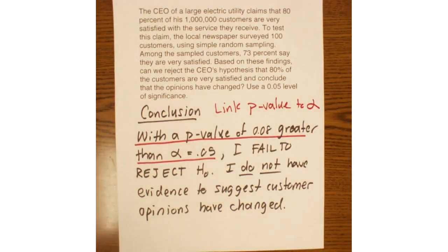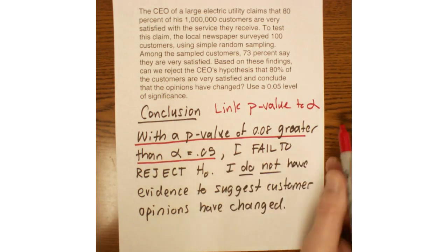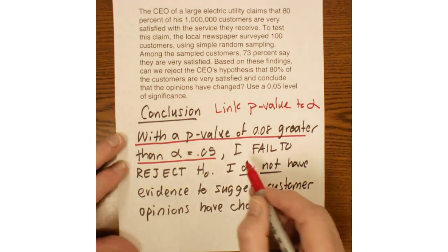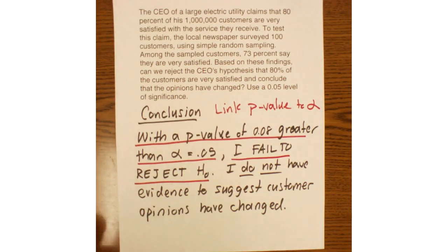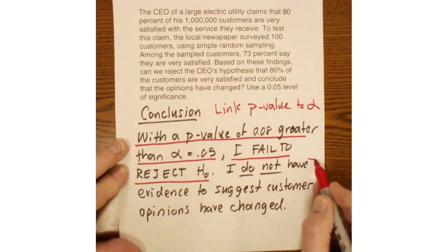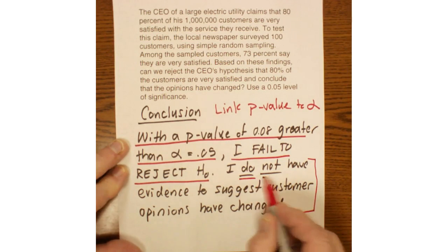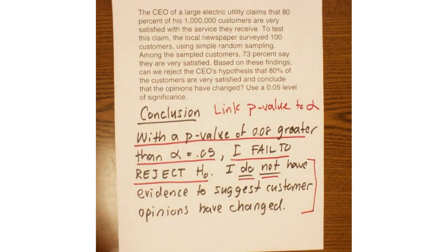In other words, how does the p-value compare to the alpha level, and what does it mean that we will do? Since our p-value is greater than 0.05, I fail to reject the null hypothesis. So that's my decision, and then we support it. I do not have evidence to suggest that customer opinions have changed.